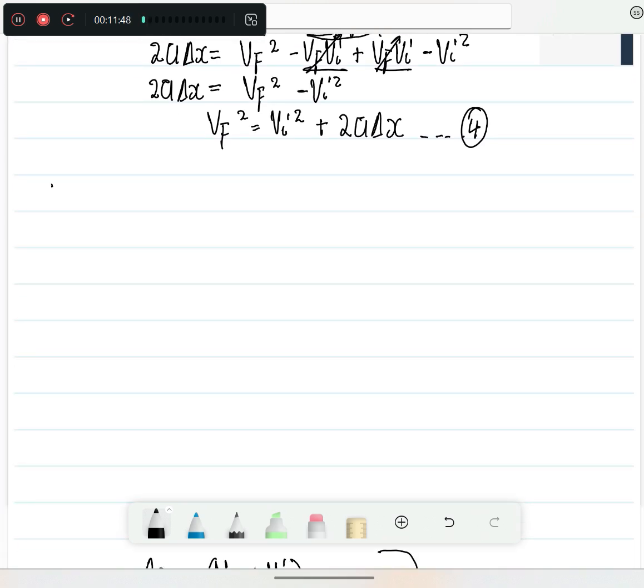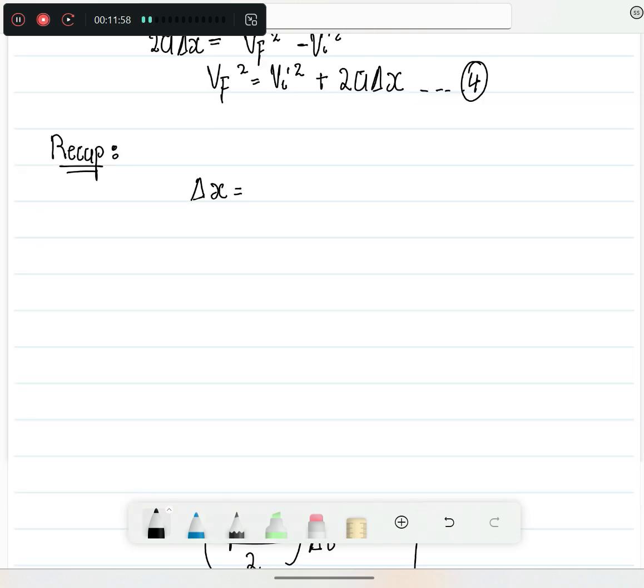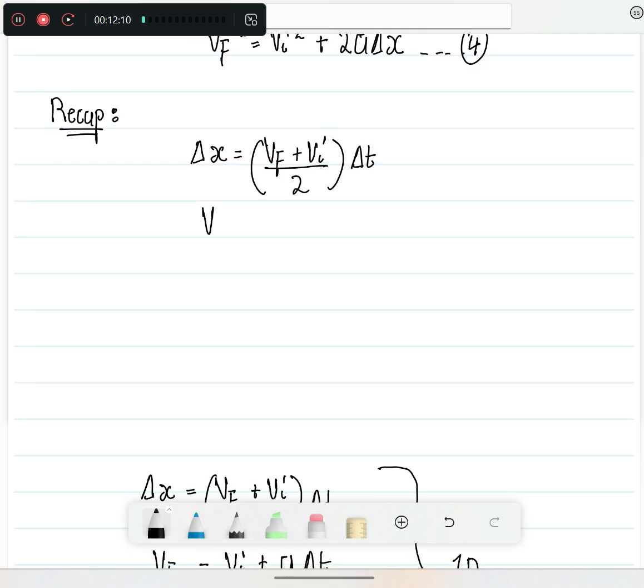So for a quick recap, the first equation of kinematics is given by the final velocity plus the initial velocity divided by 2 multiplied by the change in time. And the second equation is given by the final velocity equals the initial velocity plus a multiplied by t.